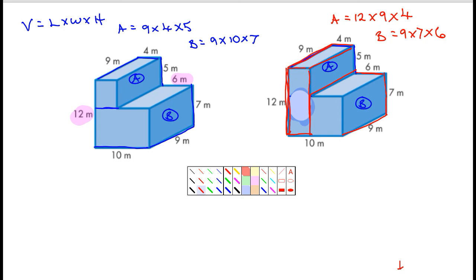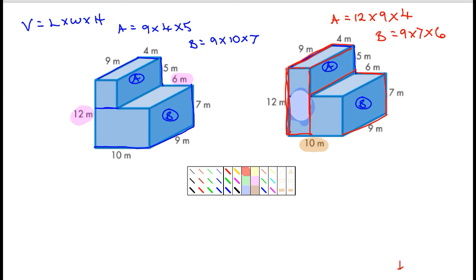Now in this one, what are the numbers we didn't use? Well, we didn't use 10. And what else didn't we use? We used 9 and 7 and 6. And the other one we used 5 and 4 and 9.